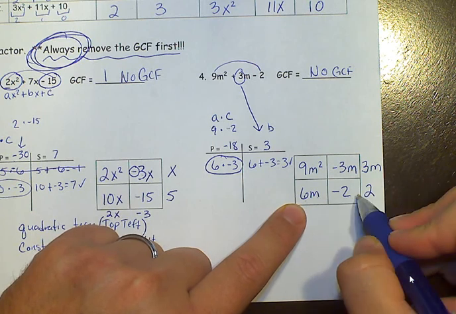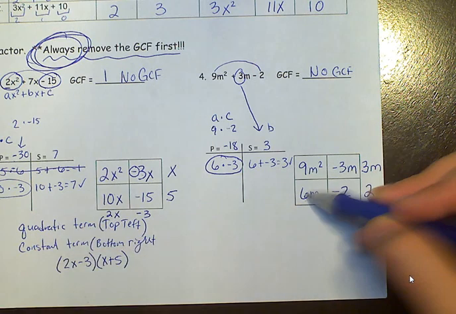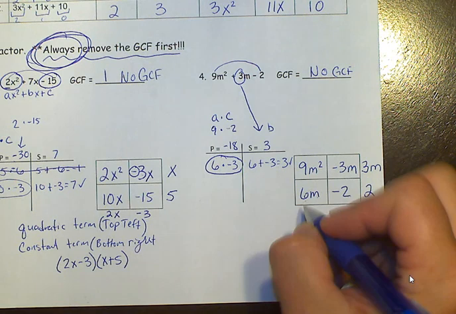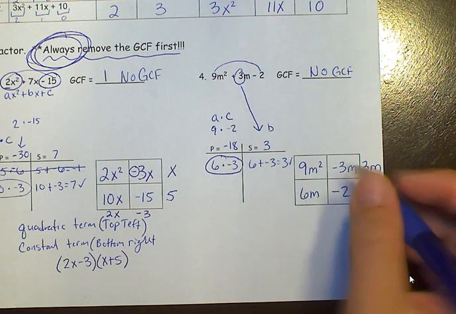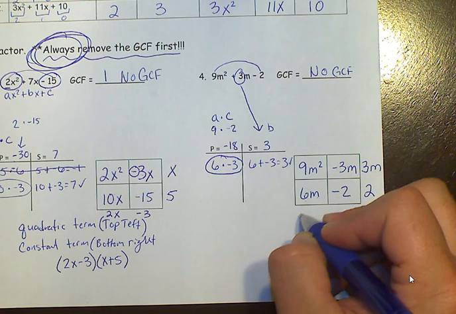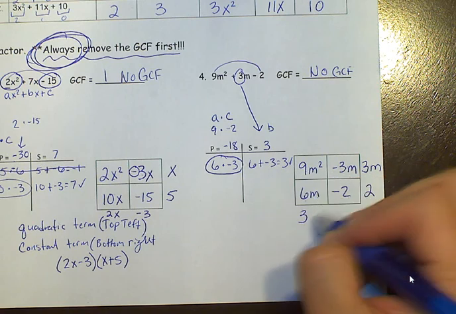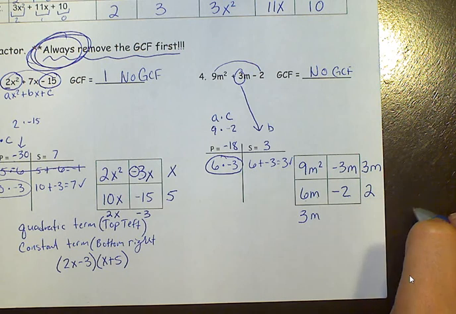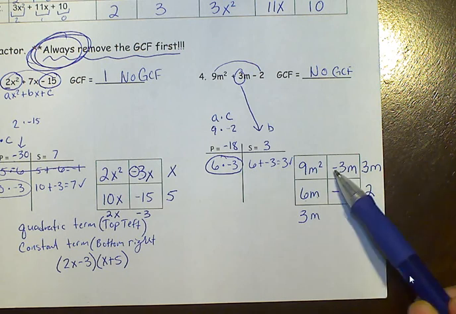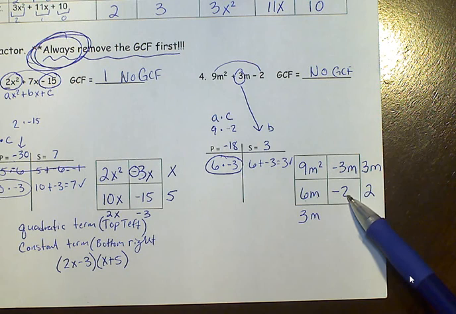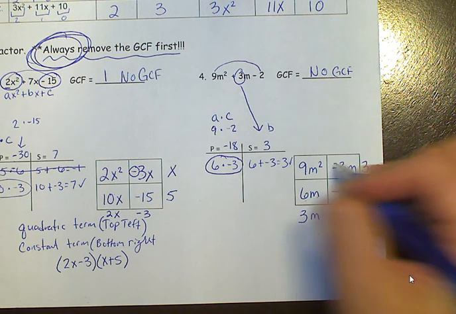Going down, 9 and 6. A lot of people are going to put 6 here, but the GCF between 9 and 6 is 3, which can be taken out of both. And then I also have my m's, so I have an m. Negative 3m and negative 2, there's no GCF here, so really my GCF is a 1.